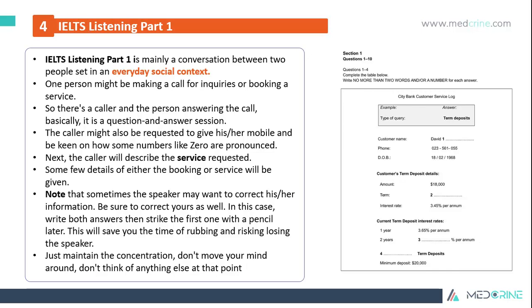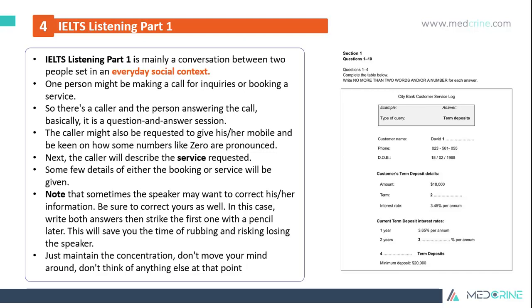Let's start with IELTS listening part 1. In IELTS listening part 1, we said we have a conversation between 2 people set in an everyday social context. One person might be making a call for inquiries or booking for a service. So there is a caller and the other person is answering the call.